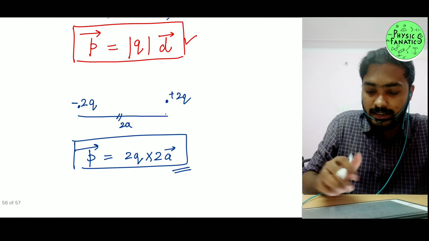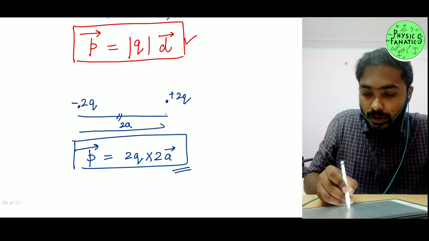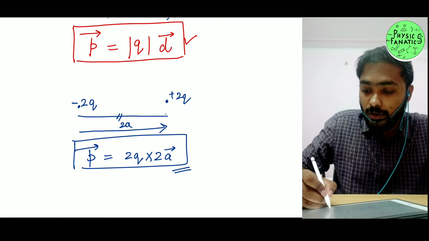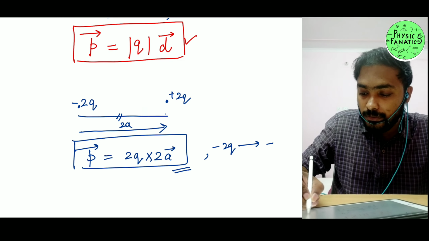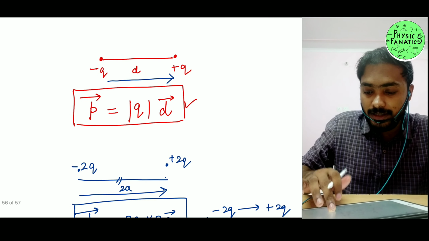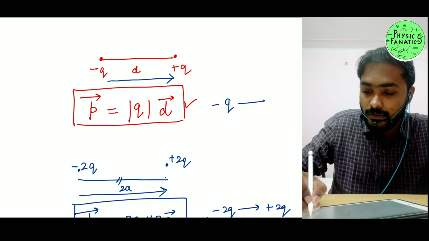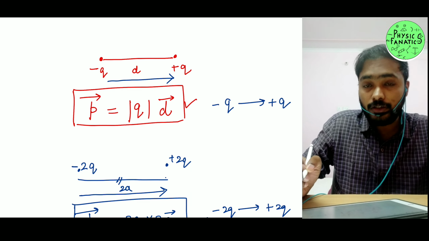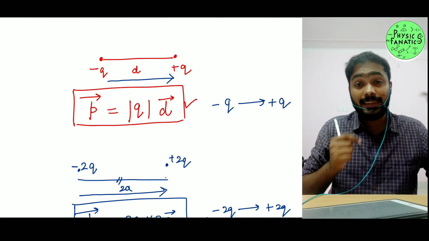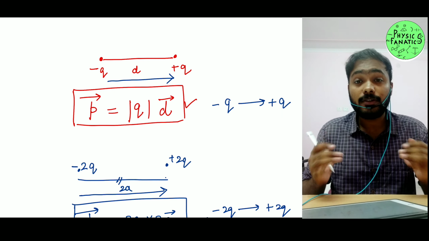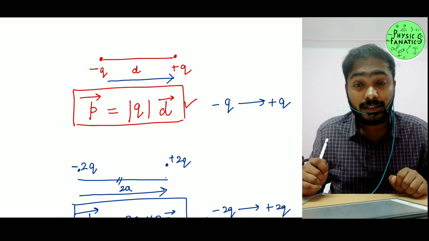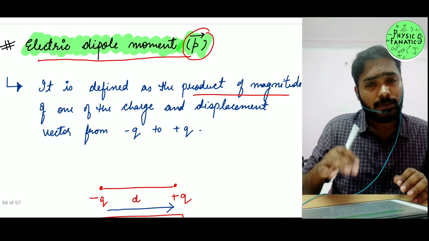In this case, minus 2q to plus 2q, or minus q to plus q. The direction is always from negative charge to positive charge. This is how we define our electric dipole moment. Sometimes we call it dipole moment.